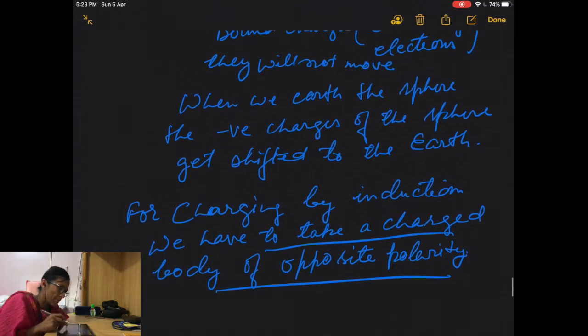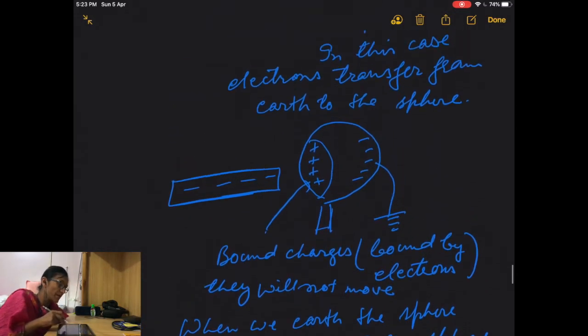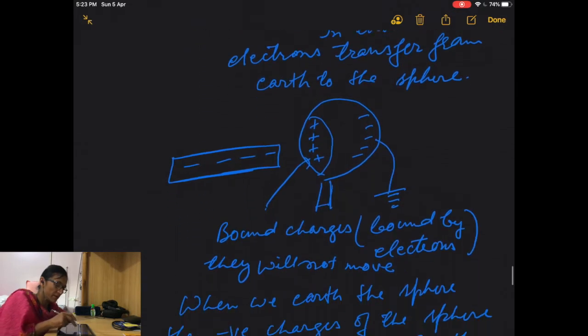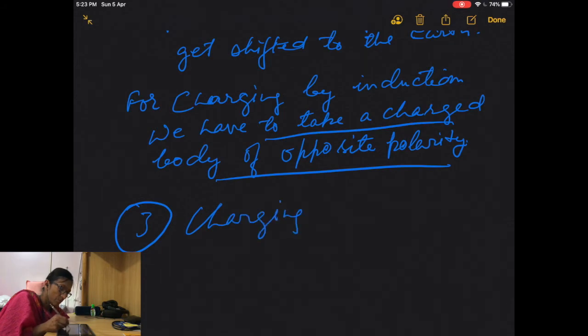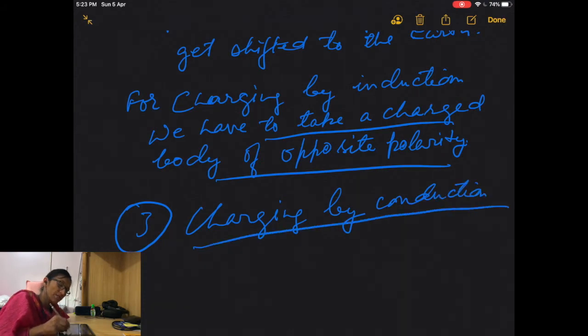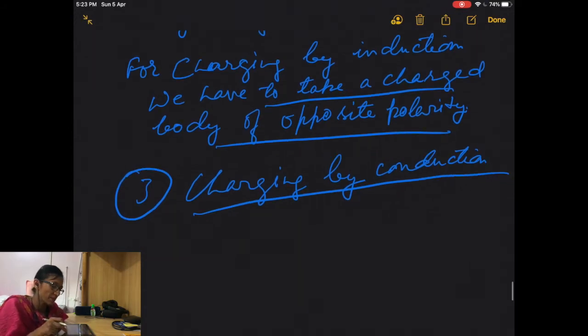Okay. Now the next topic is charging by conduction. So these are the three ways by which we charge any body: charging by friction, charging by induction, and the last one is charging by conduction.